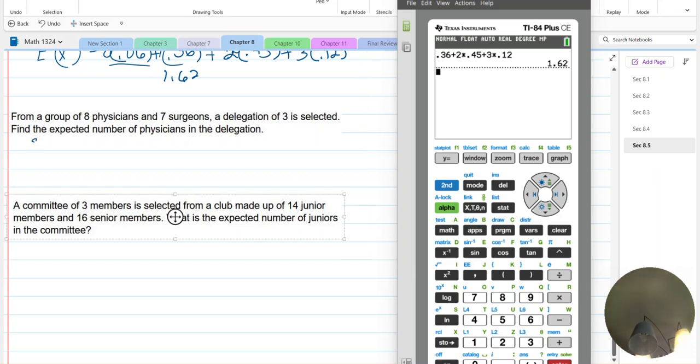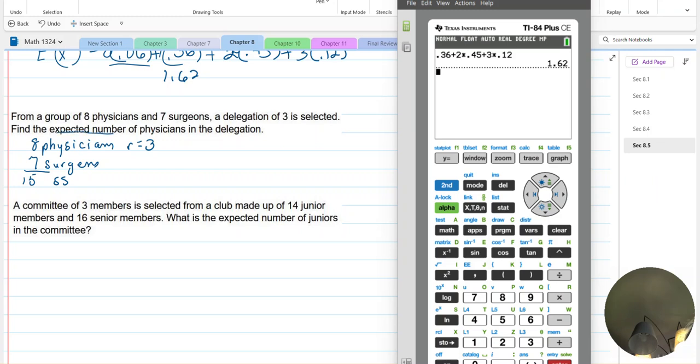From a group of 8 physicians and 7 surgeons, this is our total of our sample space, a delegation of 3 is selected.